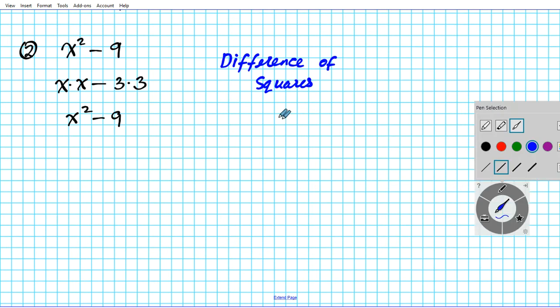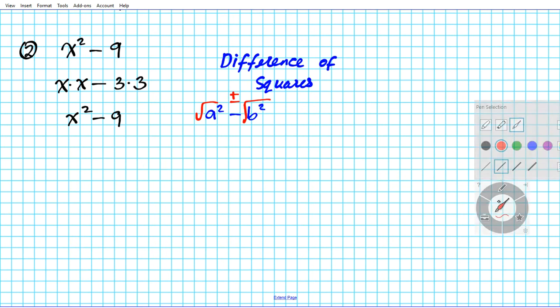If you have to factor the difference of two squares, a squared minus b squared, what you do is take the square root of the first term and the last term, and then express it as a sum and a difference. Okay, so this is going to become a plus b times a minus b.